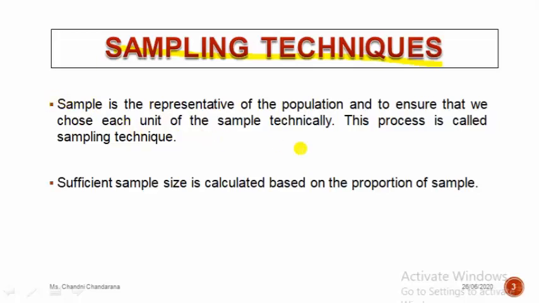So what is a sampling technique? You can say, what is our sample? It is a representative of a population, and to ensure that, we choose each unit of the sample technically, and whatever process is there to choose the sample is known as a sampling technique. Sufficient sample size is calculated based on the proportion of the sample, as we have discussed in our previous lecture.